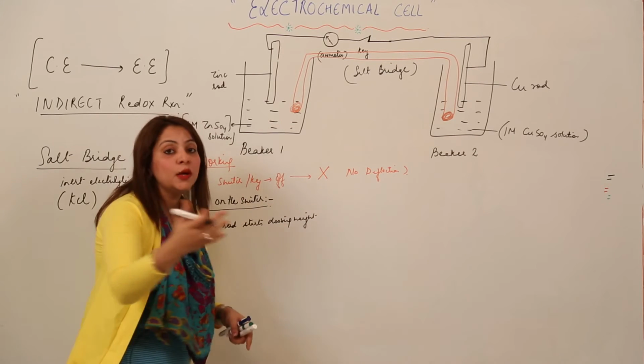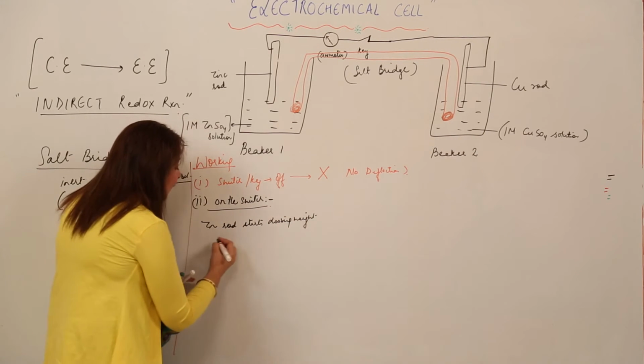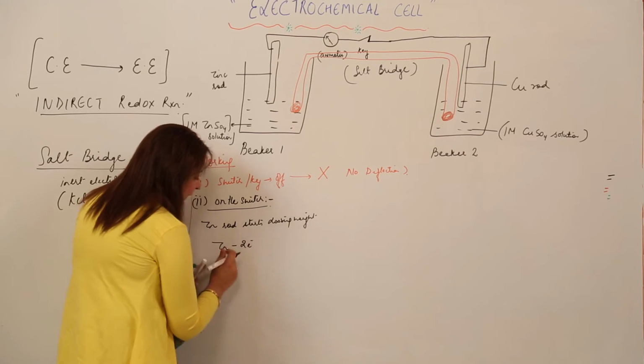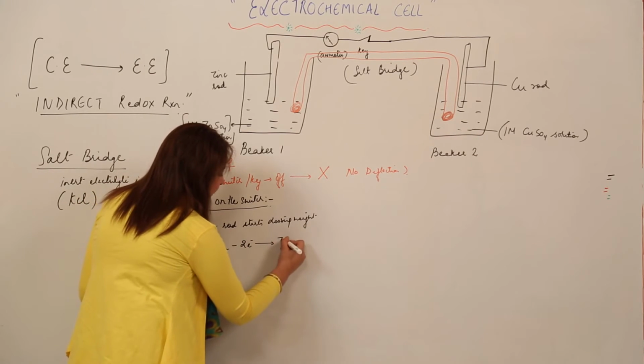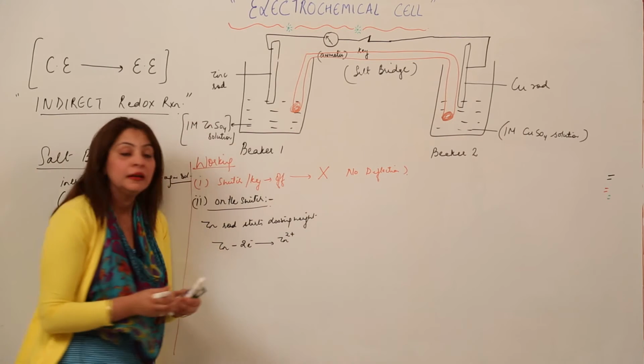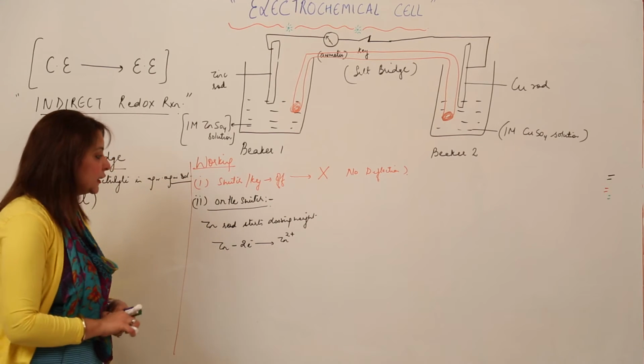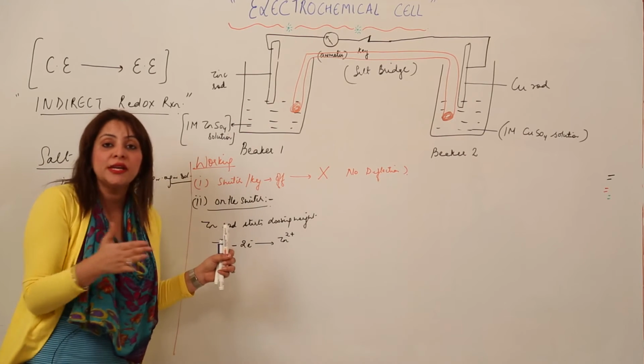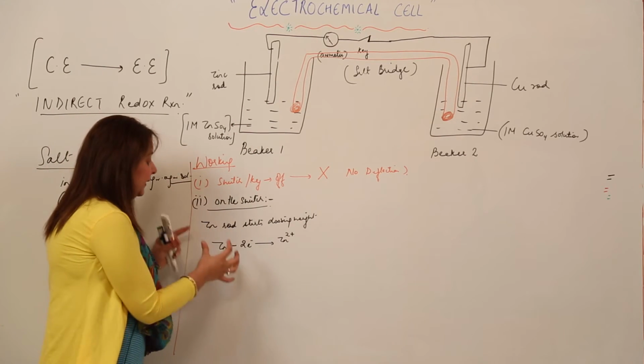Why is it losing weight now? Because it is undergoing oxidation. The zinc atom is losing its 2 electrons and forming zinc ions, Zn2+, right?